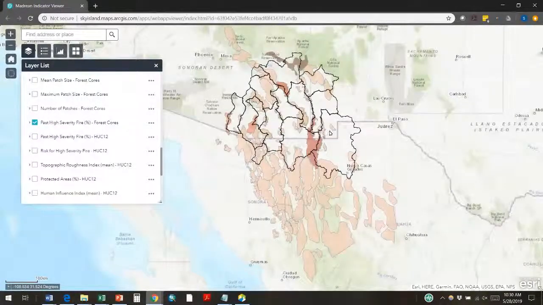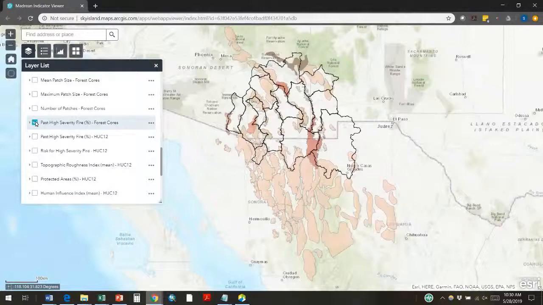So it's like the percent of each forest core that's burned at that severity, and it's calculated where anything in the last 10 years gets a full weight, and the decade before that gets half the weight contributing, and then a few years before that only gets a quarter of the weight. So you kind of fade the effect out over time.